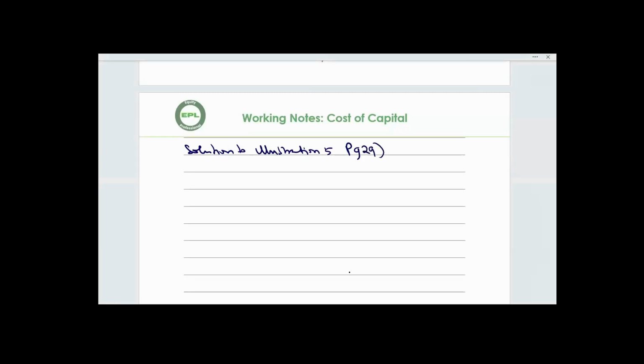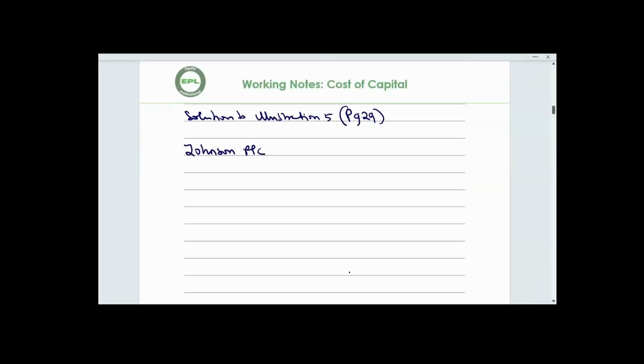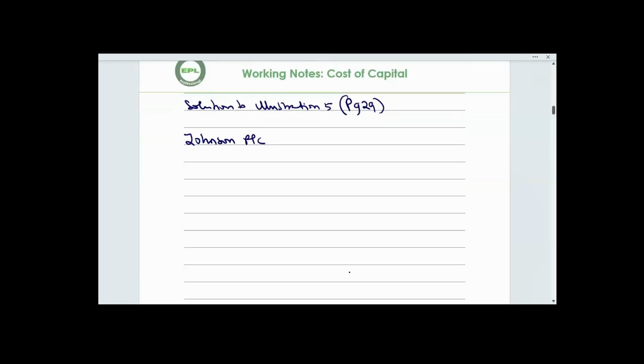Page 29. The name of the company is Johnson PLC. We are asked to calculate cost of preference share. We have identified from the question that this is redeemable preference share because the redemption date is given to us to be 5 years' time. Therefore, we want to calculate cost of redeemable preference share. So the first thing we need to do is to assume 2 discount rates that will produce 2 opposing NPV.